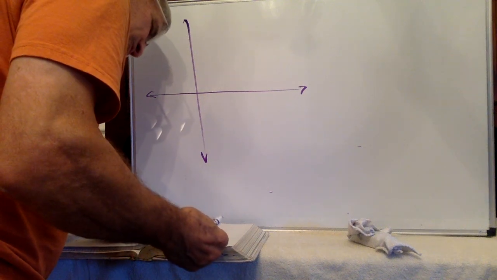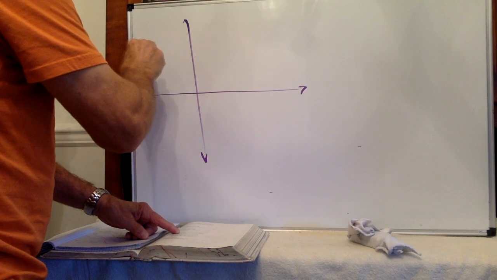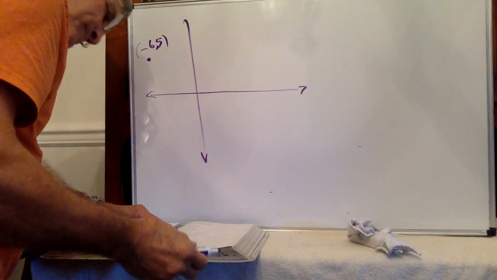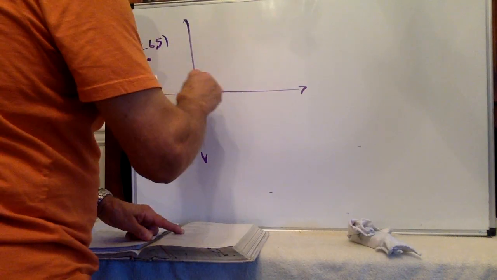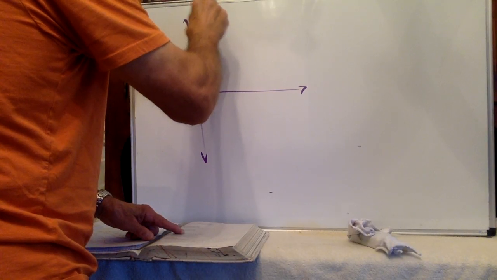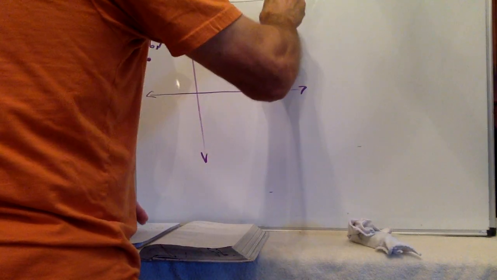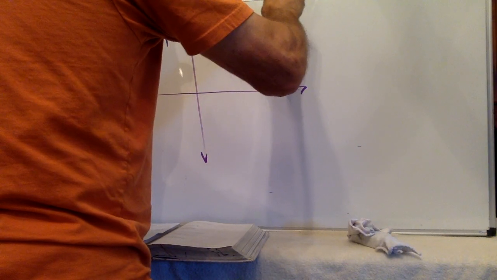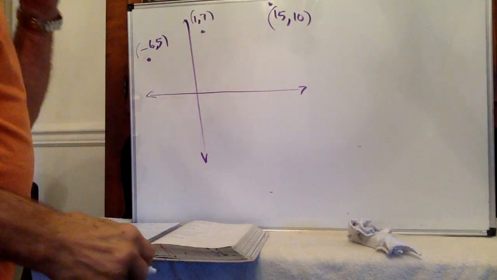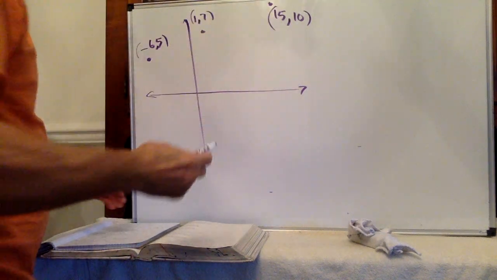The 3 points are negative 6, 5, 1, 7, and the third point is 15, 10. Somewhere up here. Now, if they're collinear, that means if I join them, they're on the same straight line.